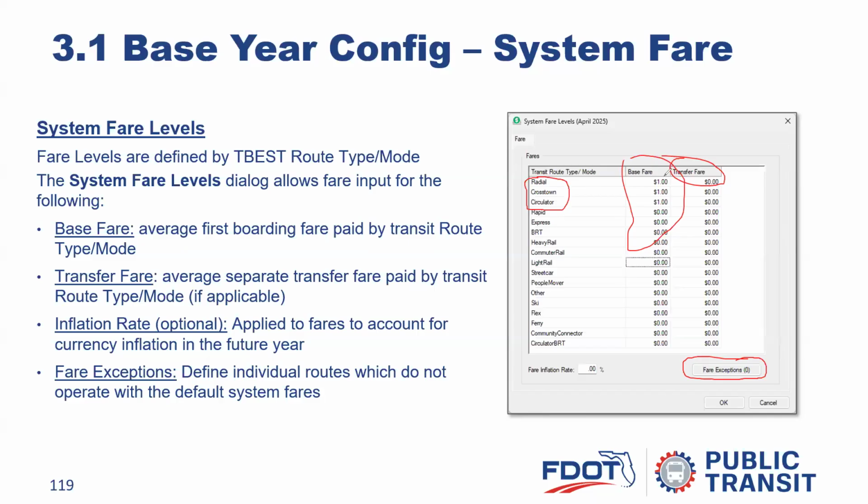So it could be that you input an average fare per rider that you would have calculated rather than the base fare. That might be more representative of what's actually happening when people board the bus than the actual cash fare, and that plays out in the sensitivity to fare when you're running the model. So just keep in mind as you're configuring it that it is a possibility to put in average fare per rider.